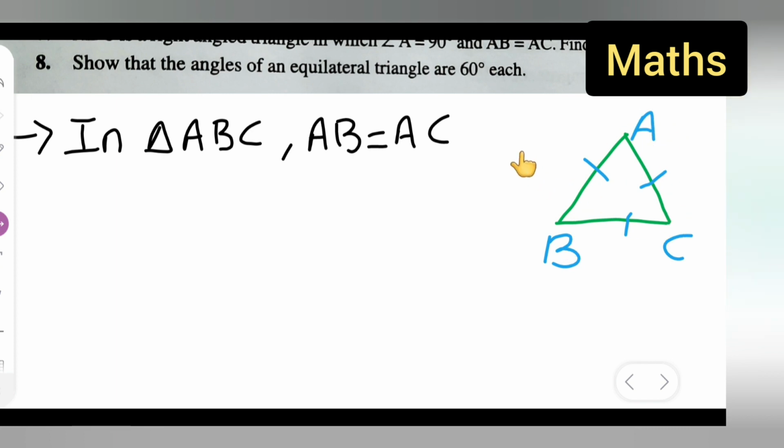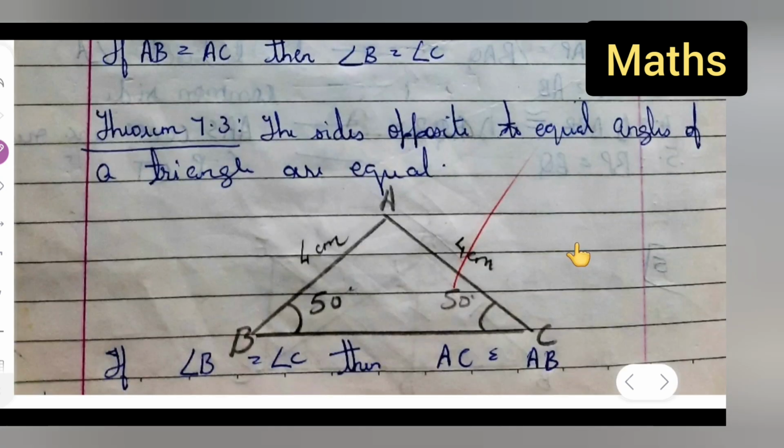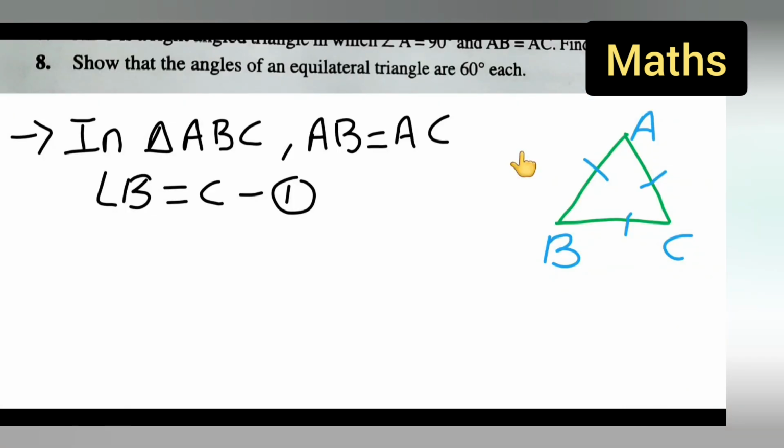We are using these properties. So if sides are equal, then I can say that angle B is equal to angle C, right? Take this as equation 1. And what are you going to write as the reason? Angles opposite to equal sides are equal.